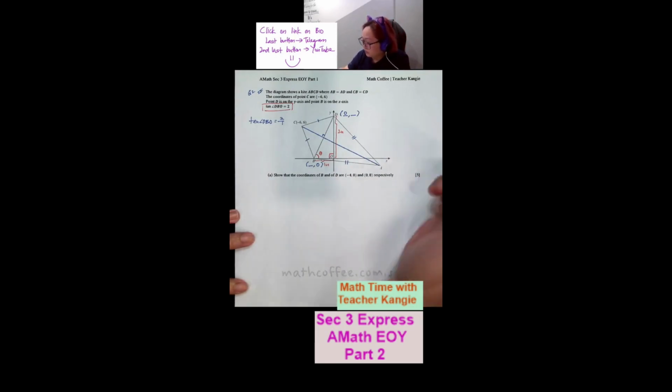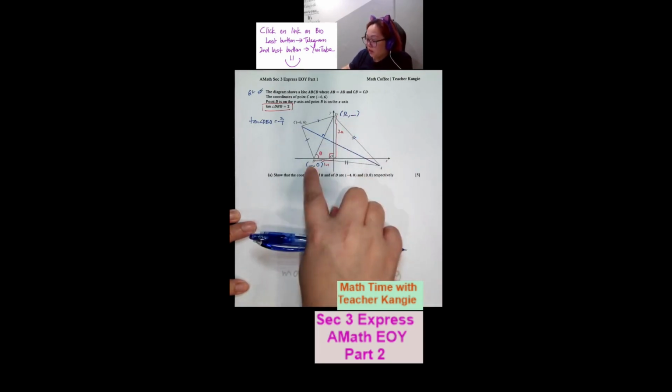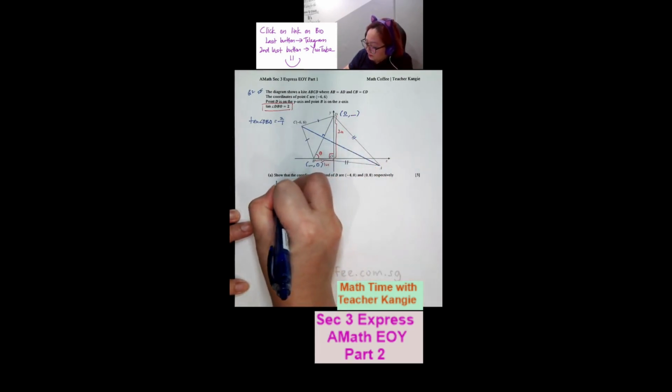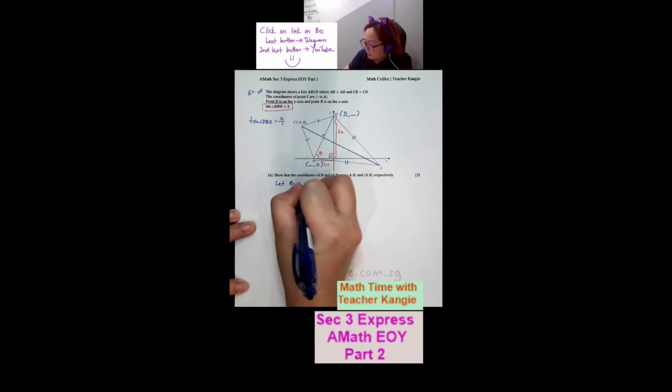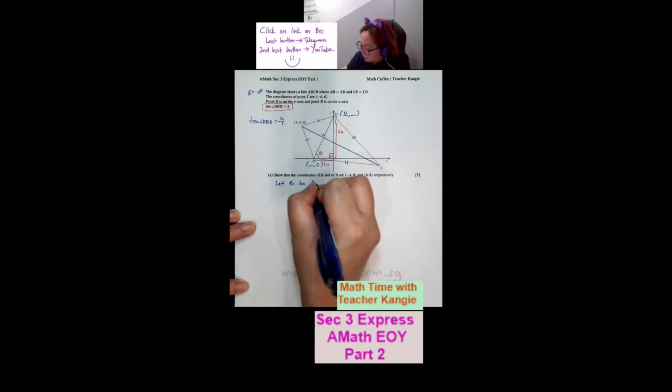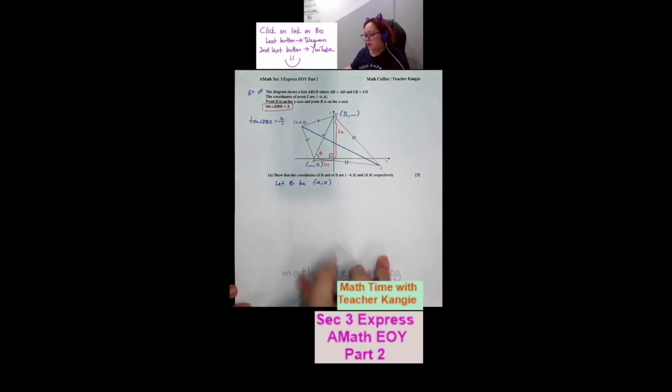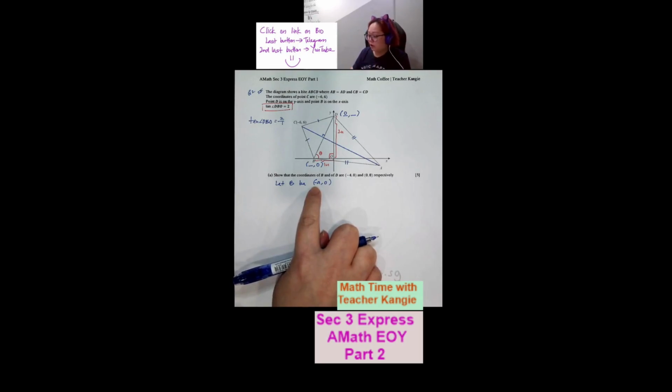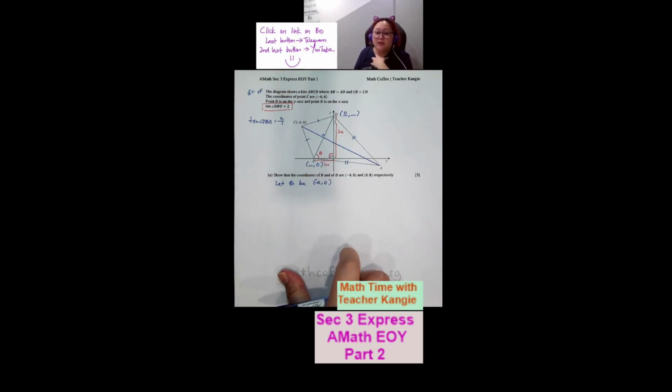What we need is, let's say I put my point B as minus A, 0. Why minus A? Yes, it's Pythagoras' theorem, but I don't need DB, so it's not useful to use square root 5. You are not wrong: 2 squared plus 1 squared, then square root, so it's square root 5. Yes, it is right, but we don't need that information.